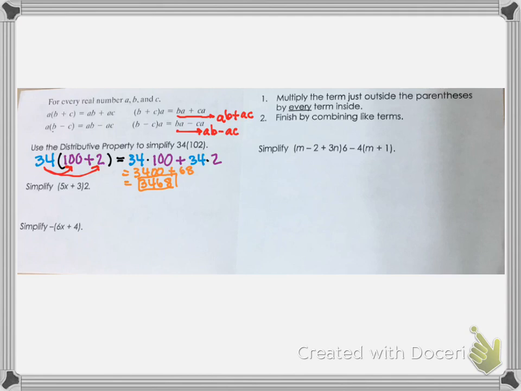Let's talk about this way over here, second one. So this is an example where the number we want to distribute is in the back. It doesn't matter. We're going to multiply the 2 times the 5x. So let's do 2 times the 5x.